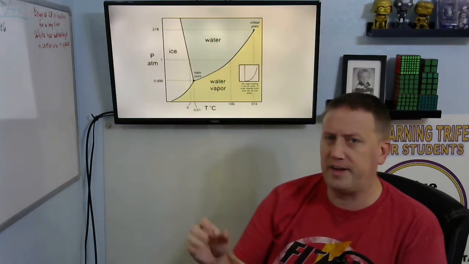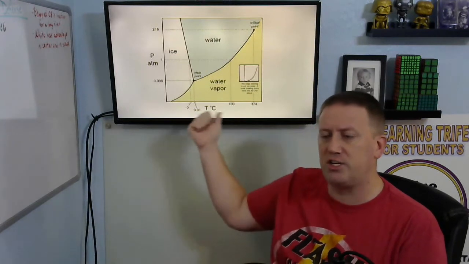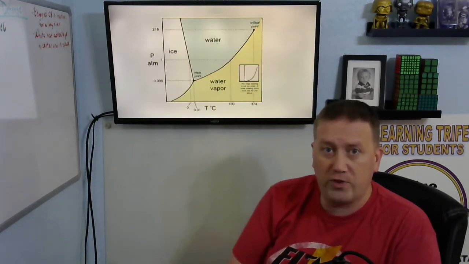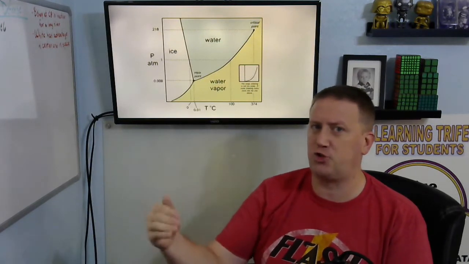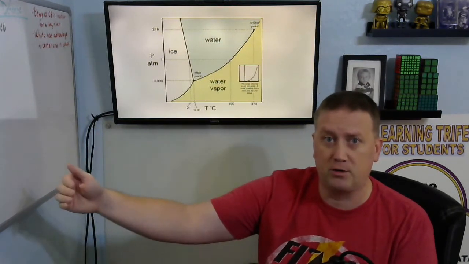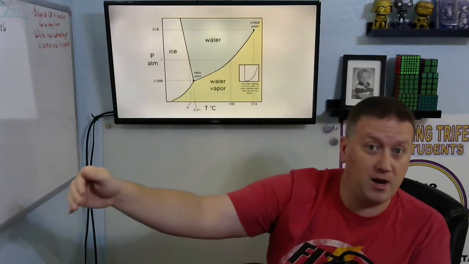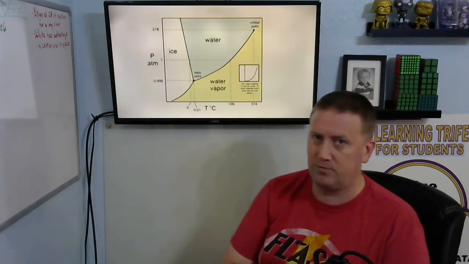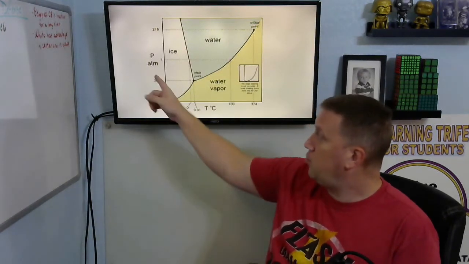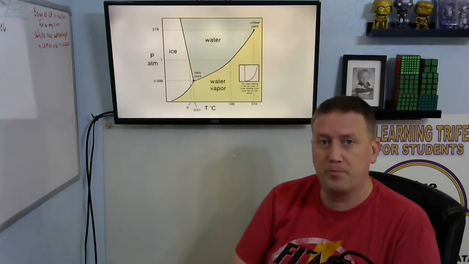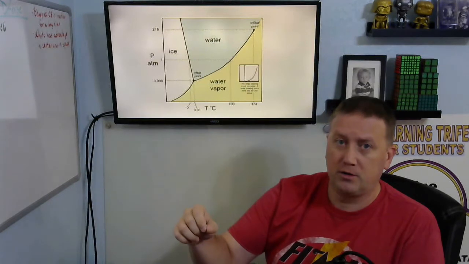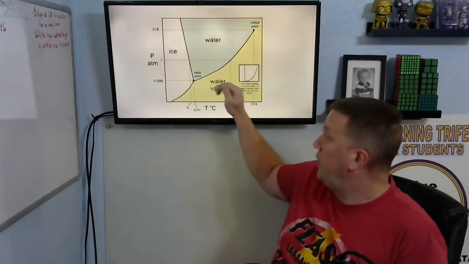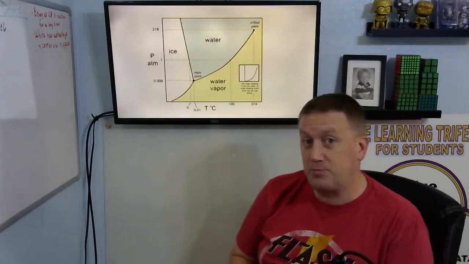And notice the different variables that go into these changes that are occurring with water. We've already talked about temperature and what effect temperature has on the change of the phase of matter. Here we're going to add pressure, because temperature and pressure determine which phase that substance will be in.